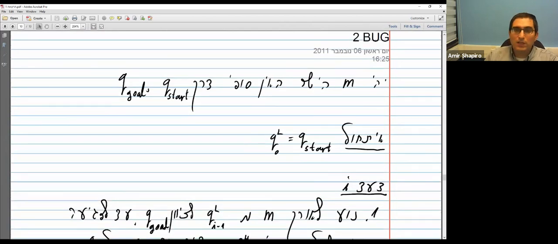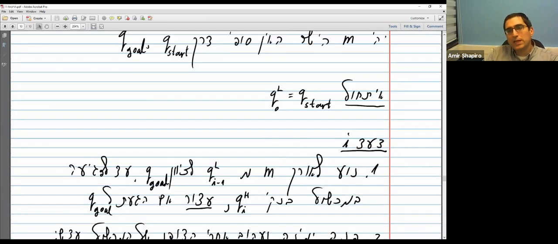So M is the line that connects Q start to Q goal. The first leave point is Q start.